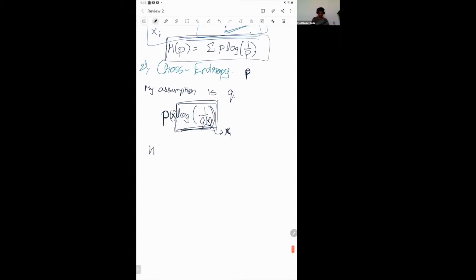H of P, Q is defined as the summation of P log of 1/Q. This many bits you are going to use to represent some event, but the probability of that event happening is still P. You won't be able to calculate it because you don't have the information about P, but empirically, these are the number of bits that you are going to use.